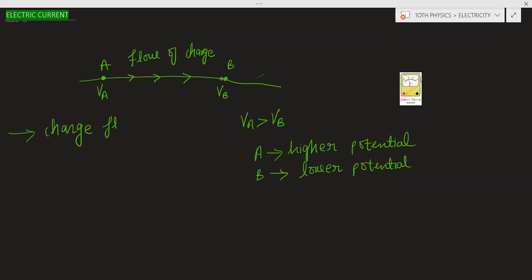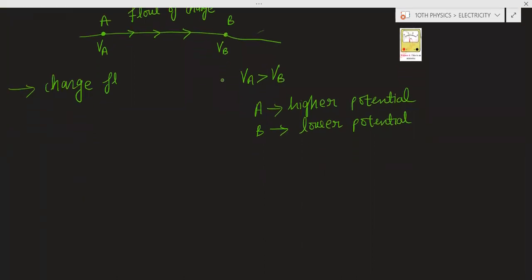Like you can say the water always flows from the larger height to the lower height. Suppose this is some surface and here is the water.